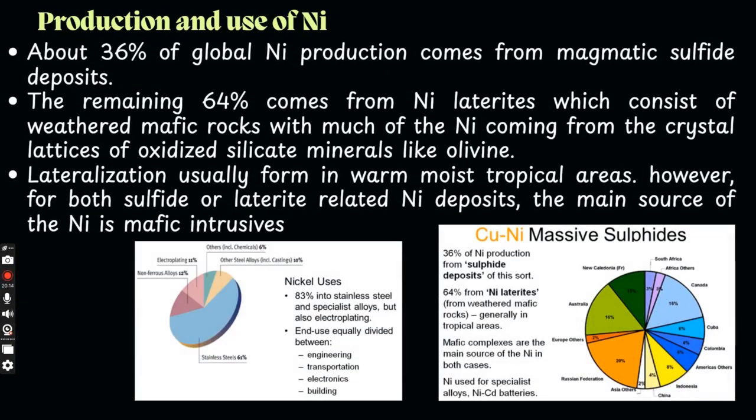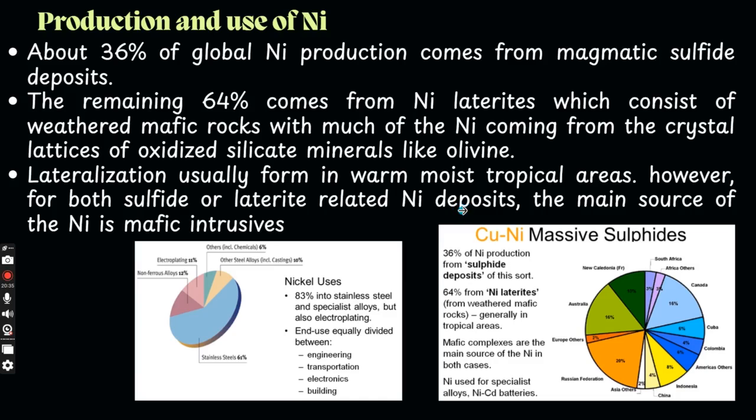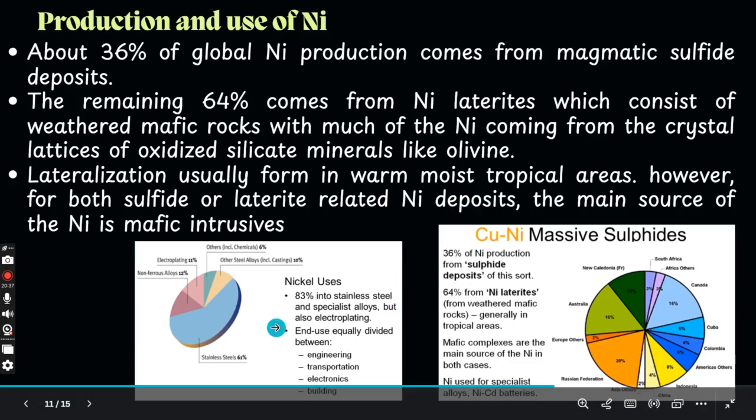Now, overall production and use, if we see, maximum production comes mostly from Russia, then Canada, Indonesia, Australia. From this chart you can pause and see, and overall use is mostly in the alloy industry and stainless steel.